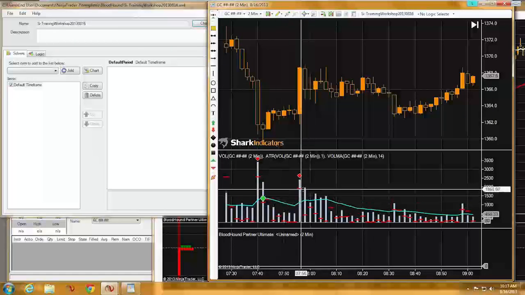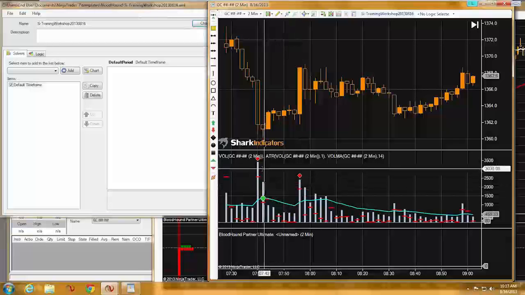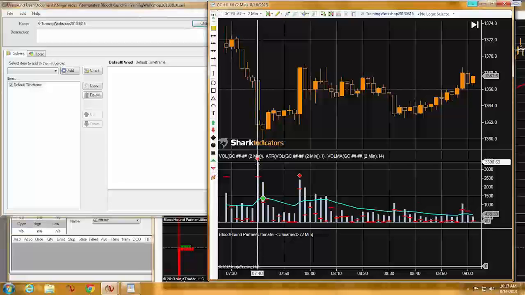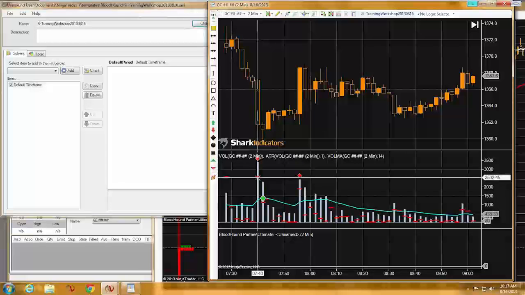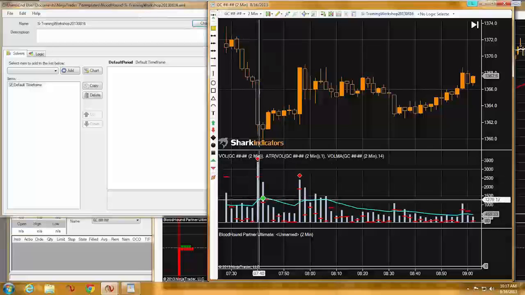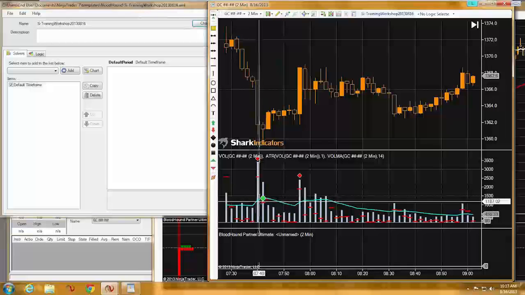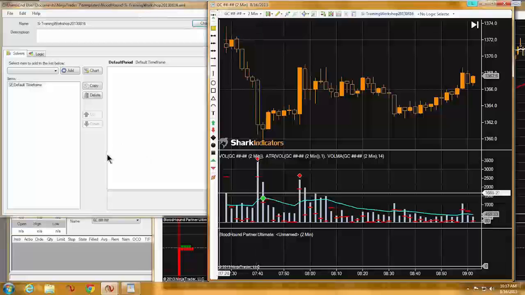And all these comparison solvers all have to be in agreement. So they're all going to have to give us a signal at the same time. So that's going to require an AND logic. In other words, the volume is going to have to be greater than the ATR, and the volume has to be greater than the moving average, and the ATR has to be greater than the moving average. So we have three separate conditions that are all ANDed together.